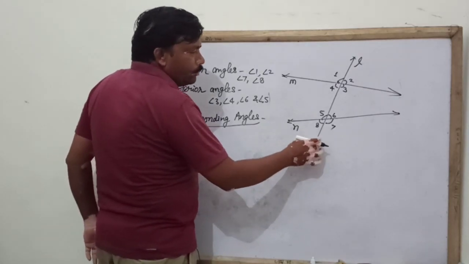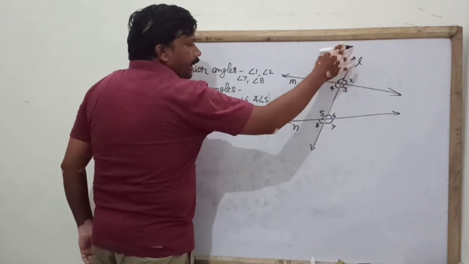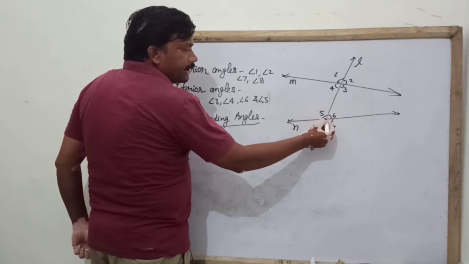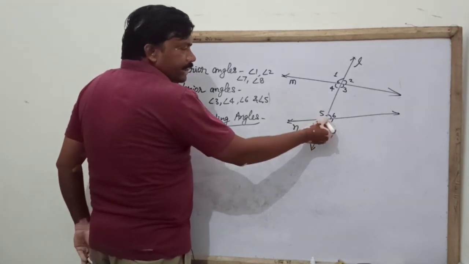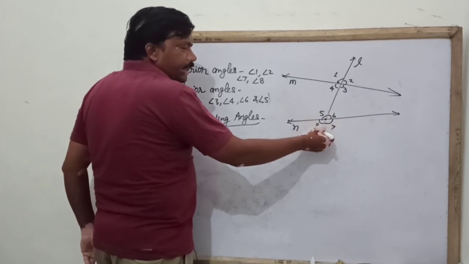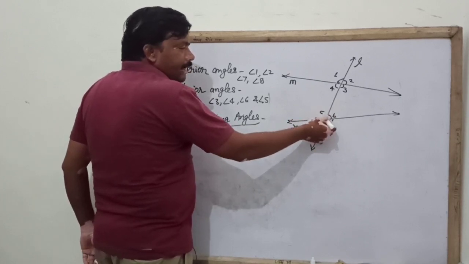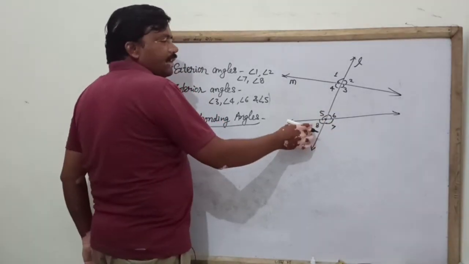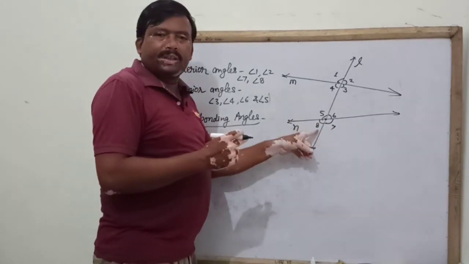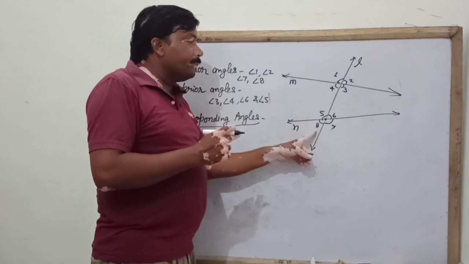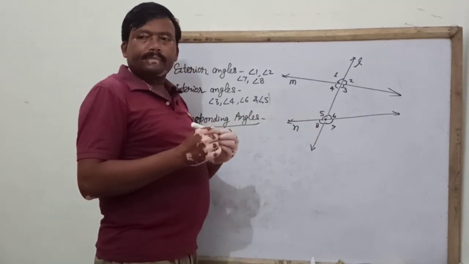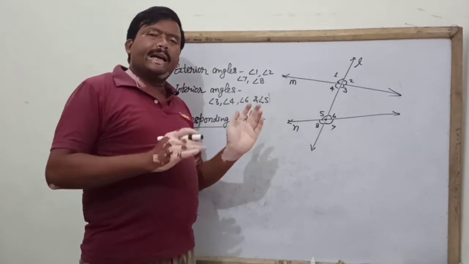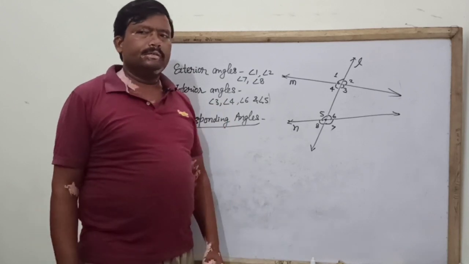If we move towards this direction, we reach here. This is the intersecting point, and at this intersecting point, angle 8 is formed at the left side of the transversal. Angle 8 is formed at the left side of the transversal, before the intersection. Is there any other angle which has the same phenomena or same event? Can you tell me?